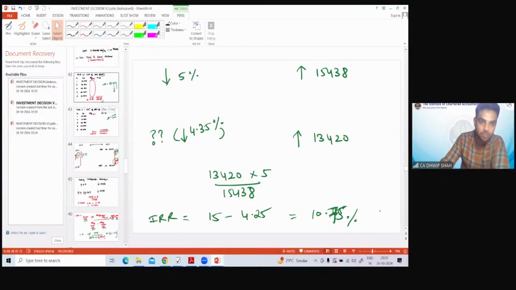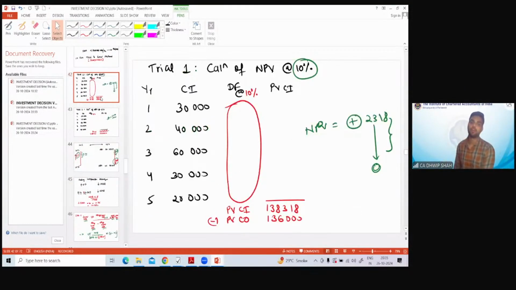Yeah, let's go to this illustration where our trial one was NPV at 10%. In that case, NPV was positive 2318. But we need NPV as 0 to calculate IRR, right? Our IRR is that rate where NPV is 0, correct? So 10% is not my IRR. This is sure because at 10% my NPV is 2318.